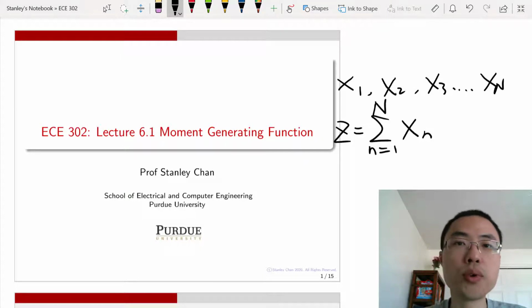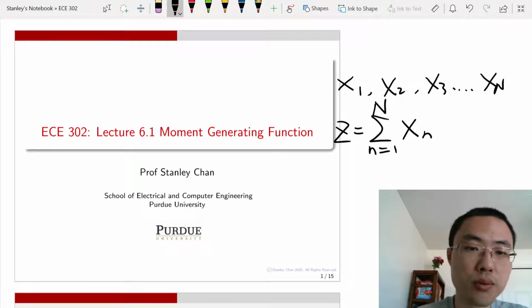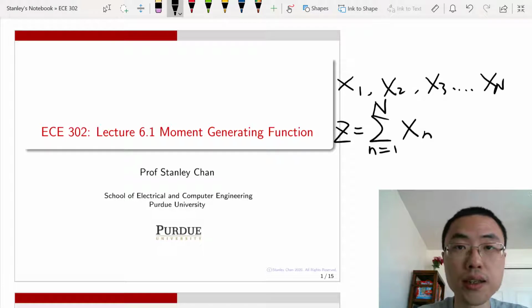Now, one thing that we have learned in the signals and systems course is that if you have convolutions, you can take the Fourier transform to a new space, and then you can multiply all those functions in the Fourier space. This leads to the discussion of moment-generating functions, and then another section on the characteristic function.